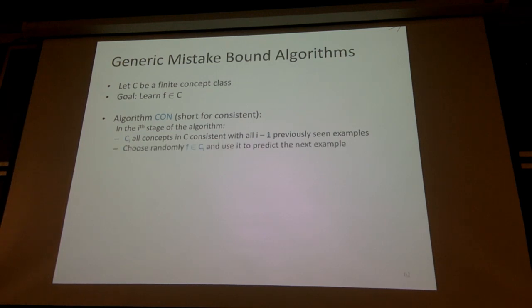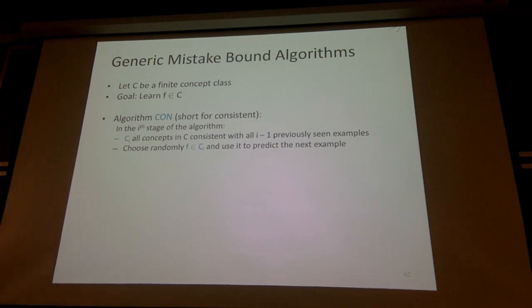When it sees an example, it will choose one of the functions it has in its memory randomly and make a prediction. And if that prediction is wrong, it will discard all functions that would have made an incorrect prediction.